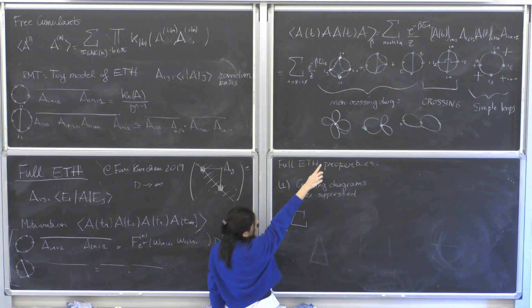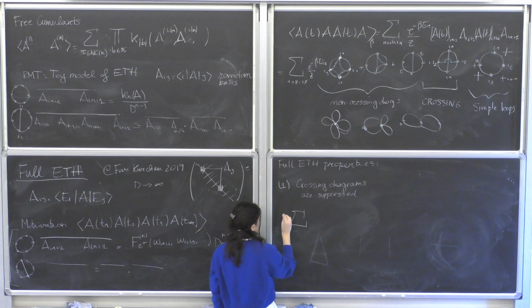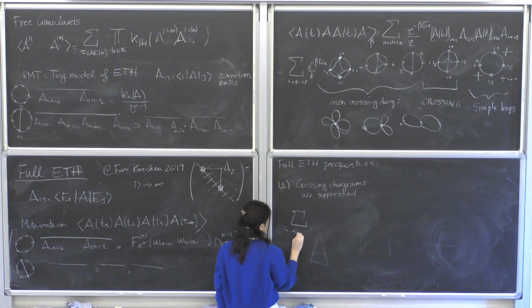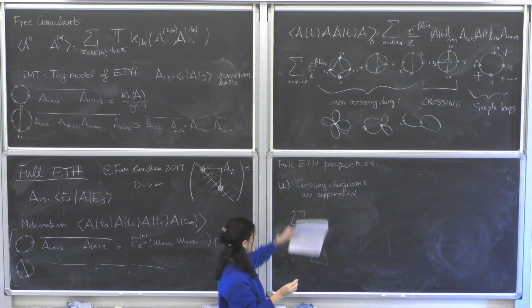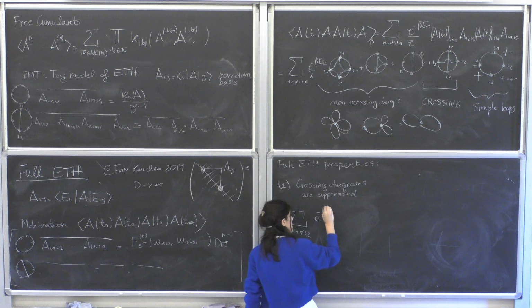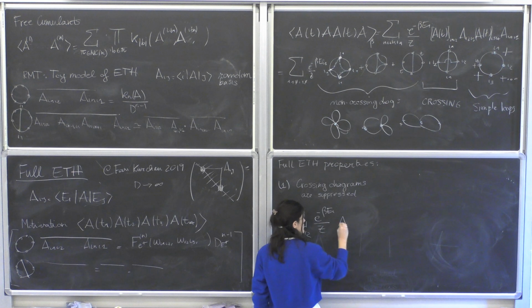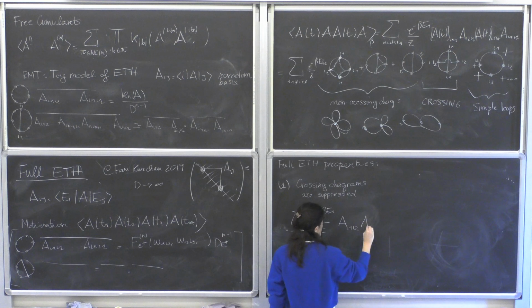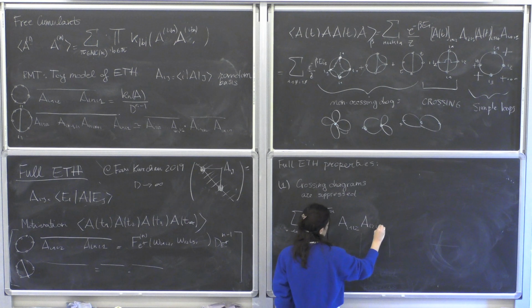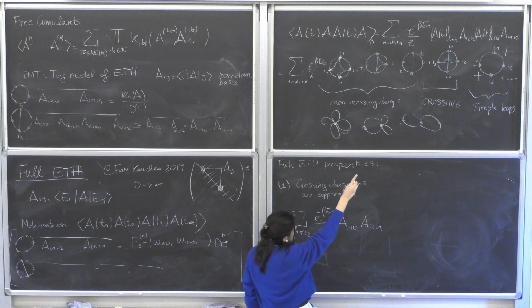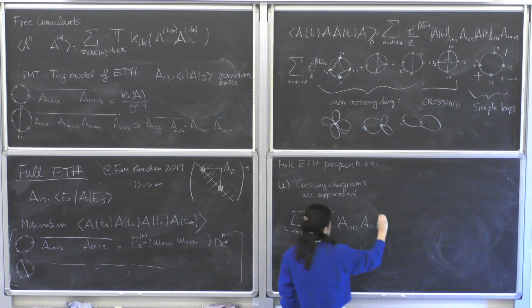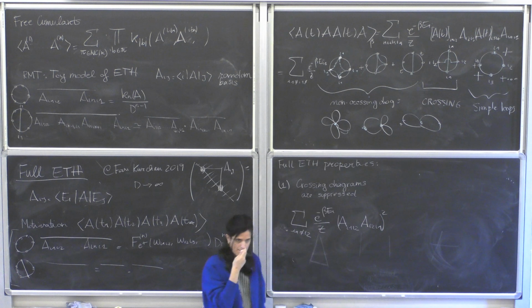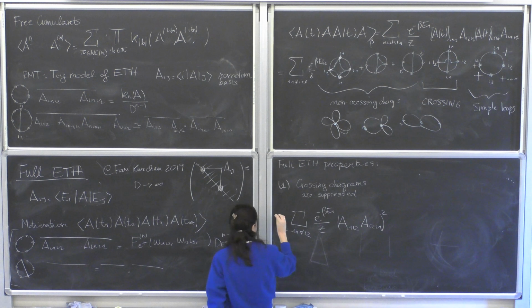So how should I interpret what I wrote before? That is the sum over I1 different from I2. I only have 2 indices there. So here I have e to the minus beta E_i over Z. And here I have A_{I1 I2}, then A_{I2 I1}, and then the same, A_{I1 I2} A_{I2 I1}. This basically is this.